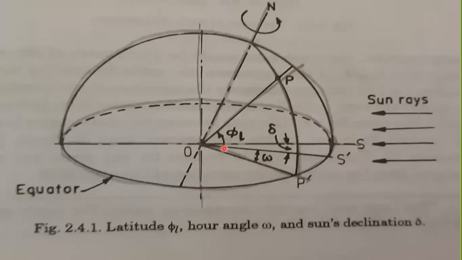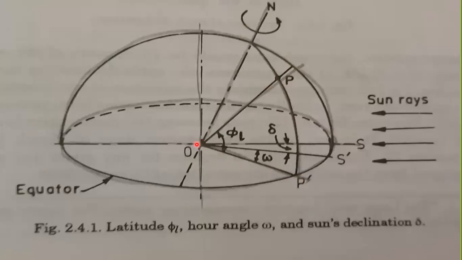This is the angle between OP and its projection OP dash on the equatorial plane, where P is located on the earth's surface and O is the center of the earth.